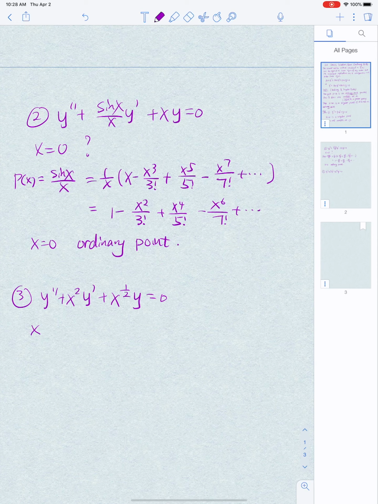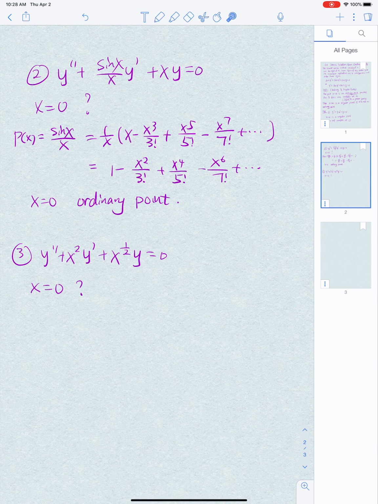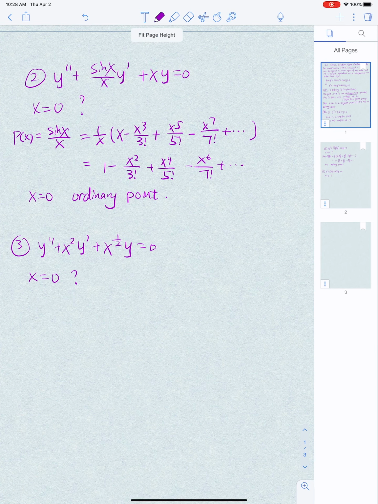Now, let's check again to see whether x equals 0 is an ordinary point or singular point. p(x), in this case, is already analytic. It can be written as x squared. And the second term, q(x), let's see if we can write it as a power series expansion.